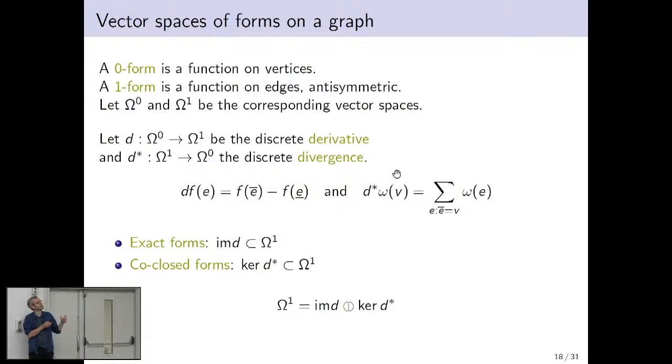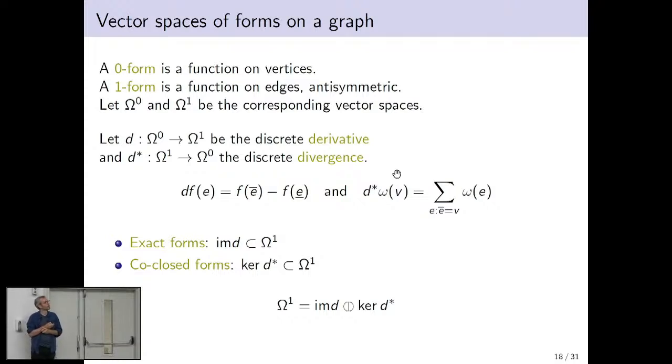And you have a sort of discrete divergence, which is the adjoint of D for appropriate scalar products, which is defined like this: D star of a one form evaluated at the vertex is the sum over edges arriving at this vertex of the value of the form on these edges.